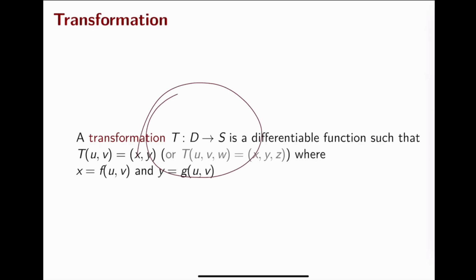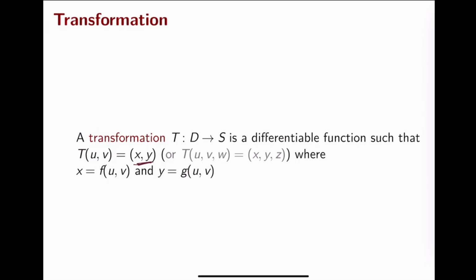A transformation between one domain and another is going to be a function, a differentiable function, such that to each (u, v) in the first domain, associate (x, y), where x is a function of u and v and y is another function of u and v.